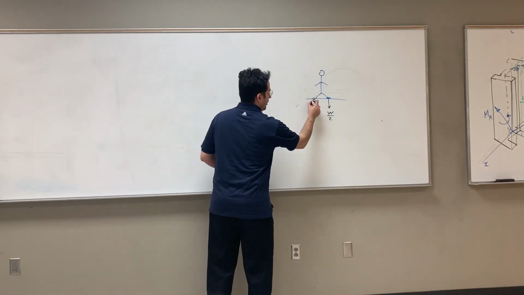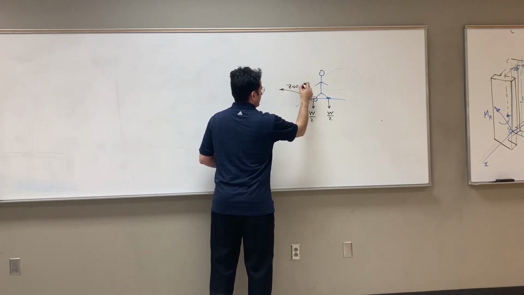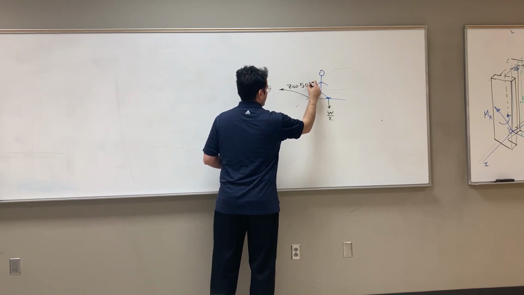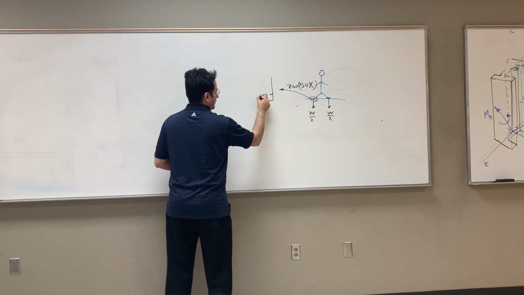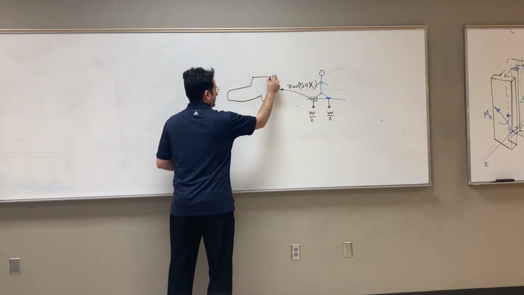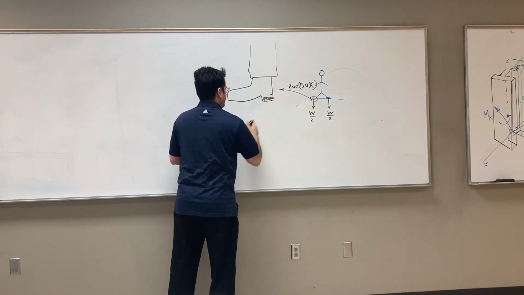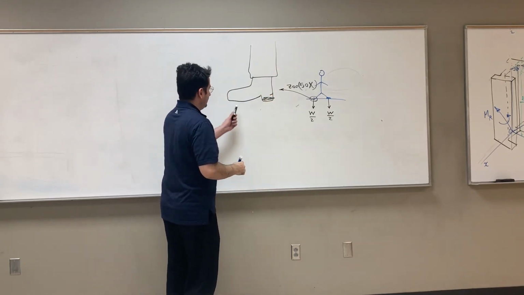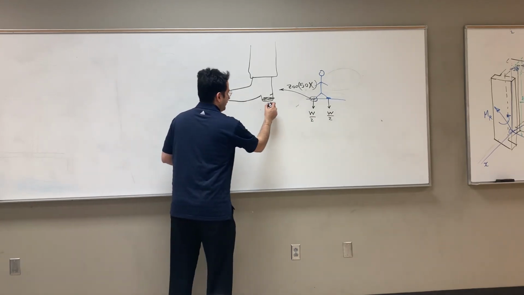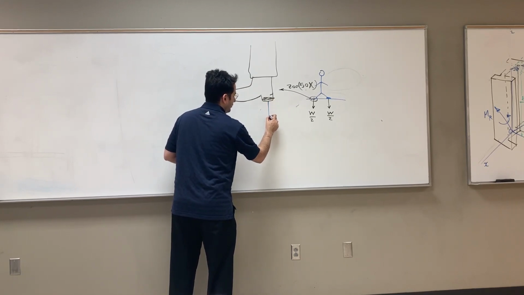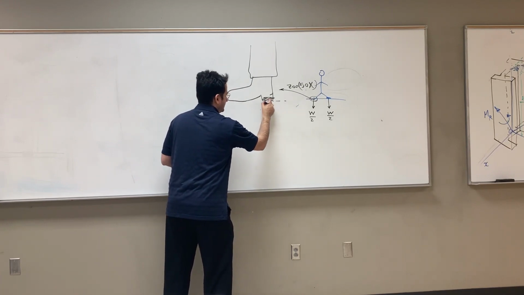If I draw this zoomed 50x, then I would have something like that, and this is my shoe. So I have some significant amount of load that I'm applying to the surface of the earth.